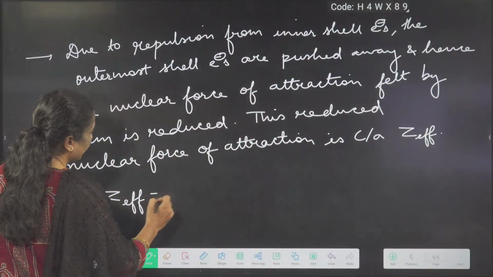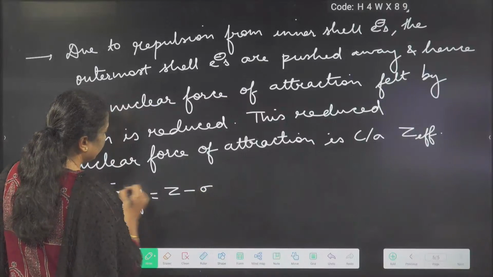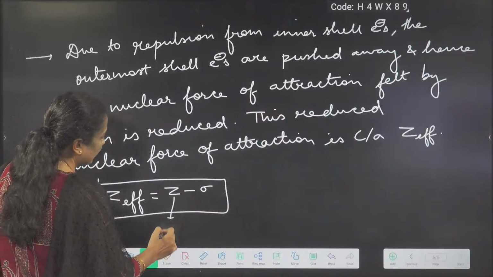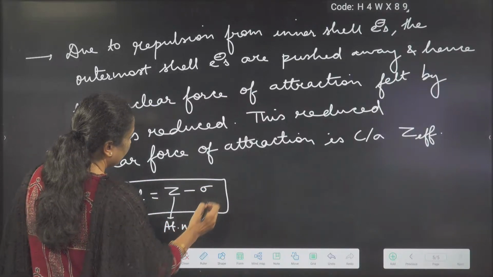Z effective is given by Z minus sigma, where Z is nothing but atomic number.